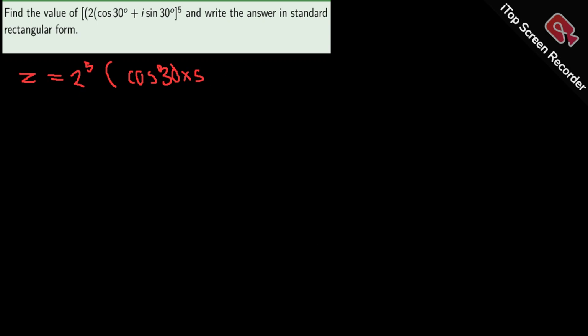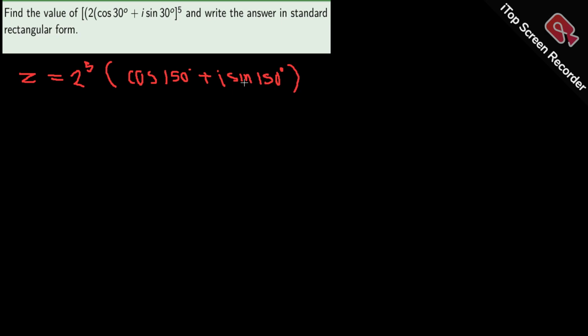So let me put 150 degrees there, because we know 30 times 5 is 150. We do the same on this side. So sin 30 times 5, we're still going to get 150 degrees.